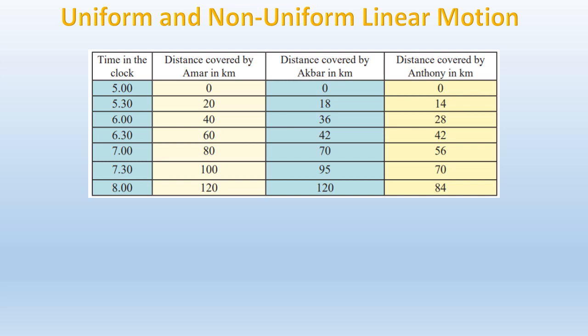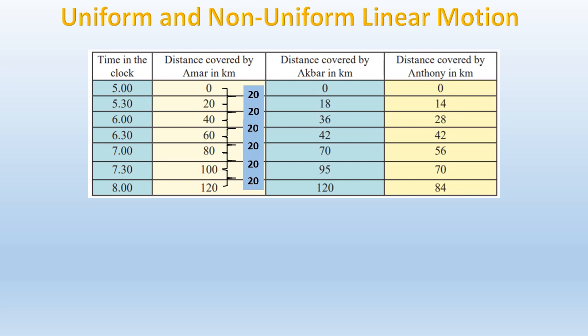Then who has covered equal distances in equal time intervals? Now if you look at the distance covered by Amar, Akbar and Anthony, and calculate, you will notice that Amar has covered an equal distance of 20 kilometers in each interval.